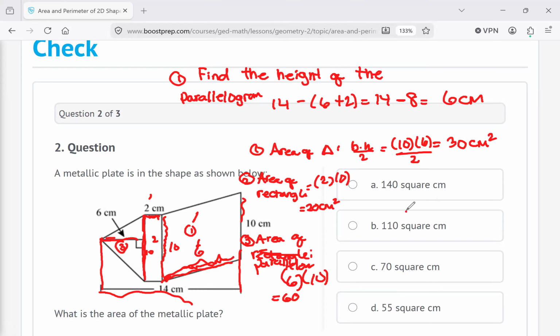So the total area is, you add up all three shapes. This one is 30, this one is 20, and then this one is 60. And when you add them all together, you get 110 centimeters squared.